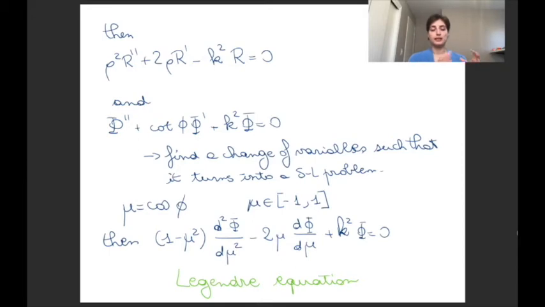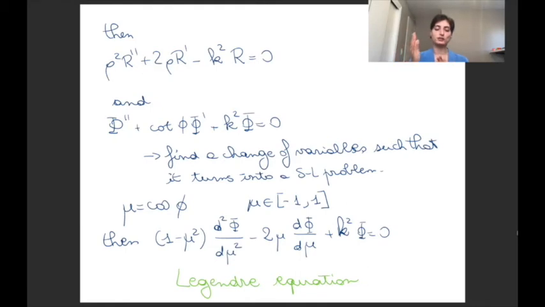What we do need is breaking this cotangent of psi in such a way that we have the p of psi times and then p prime of psi in the right positions. The change of variables that is needed is transforming cos psi into mu. Now mu goes from -1 to 1, and we can rewrite the problem. We need to be a bit careful, but k squared psi stays the same.